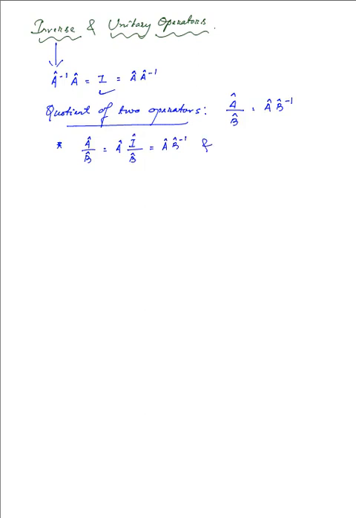And supposedly we have the unit operator over B, and then that multiplied to the A operator, then that will give us B inverse times A.